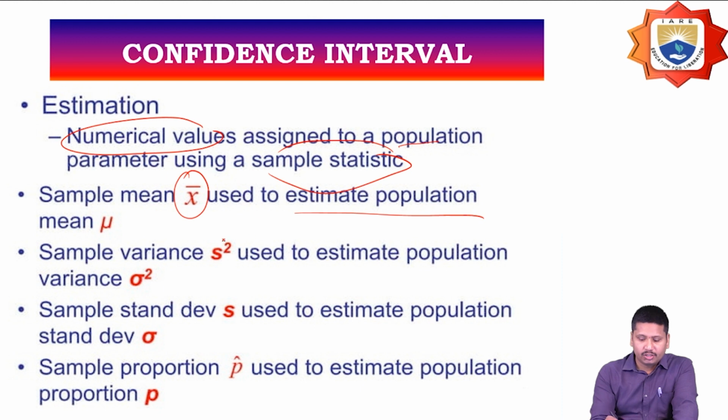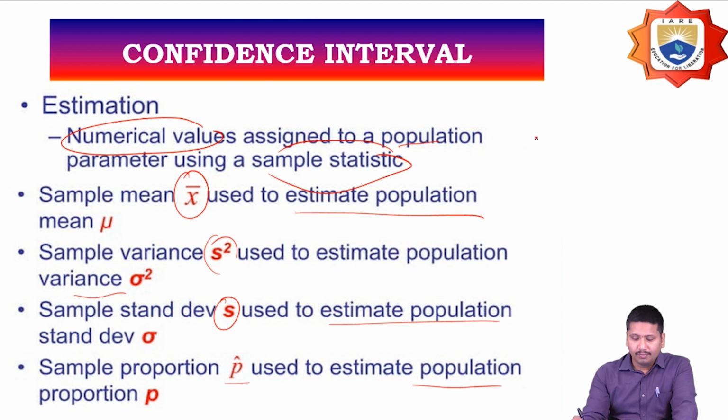The sample variance, s square, is used to estimate the population variance. The sample standard deviation is used to estimate the population standard deviation sigma, and the sample proportion is used to estimate the population proportion.